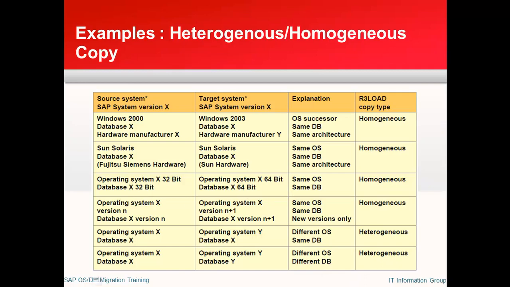Basically I just wanted to give you a clear-cut explanation of when you call a particular migration heterogeneous and when you call it homogeneous, because homogeneous migrations are quite simpler: you are not changing your operating system, you are not changing your database, only going to newer versions of them.